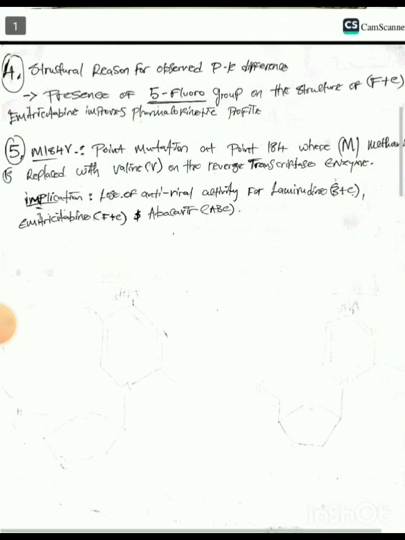So according to the definition of all mutations, we'll define this mutation as a point mutation at point 184 where methionine is replaced with valine on the reverse transcriptase enzyme. Okay, what does this imply? This implies loss of antiviral activity for lamivudine, which is 3TC, emtricitabine, FTC, and abacavir, ABC.